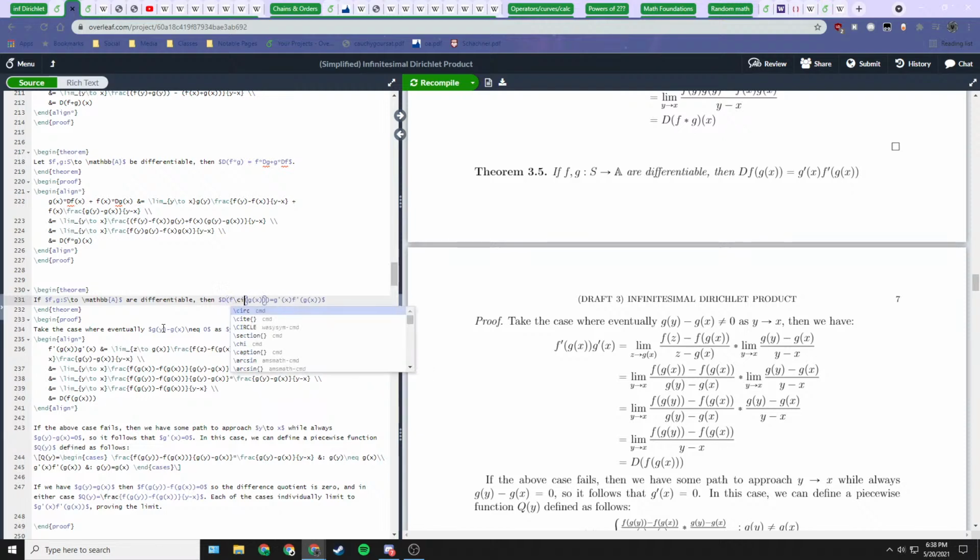We can also do it like that. Very fancy.